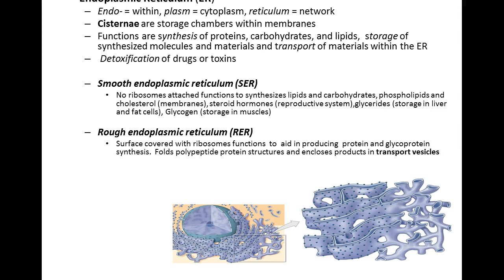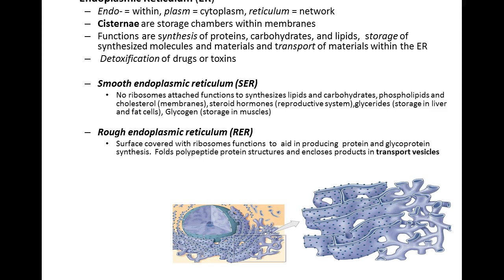Endoplasmic reticulum comes in two types. You have smooth if there's no ribosomes, and rough if ribosomes are attached to the surface. So smooth with no ribosomes functions to synthesize lipids and carbohydrates, phospholipids and cholesterol.